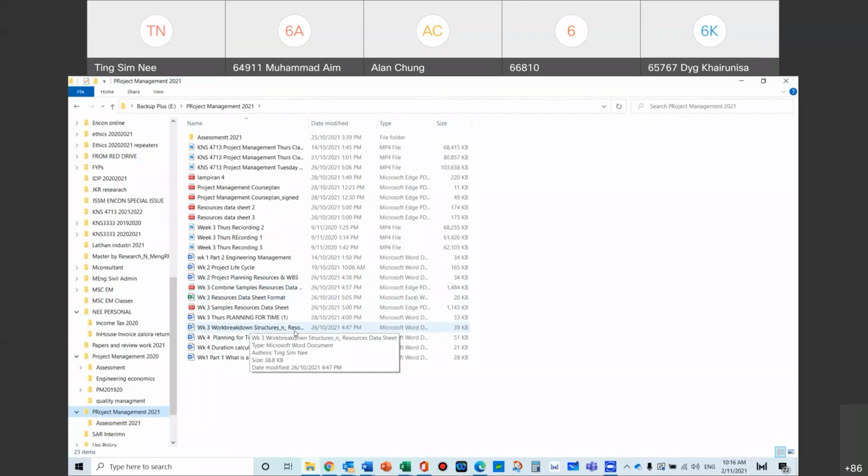We went into detail and showed you how to do resources data sheets and how to arrange your resources. I also gave you some samples from some of my master students who work on resources data sheets and how to arrange their resources into files. There are also some resources data sheet formats that I've given you.